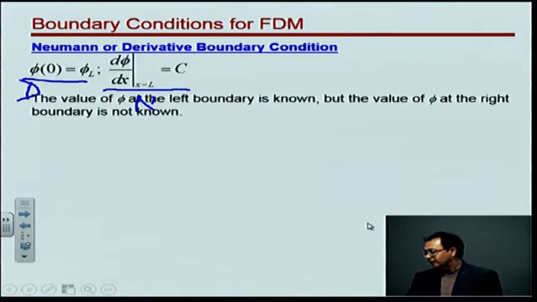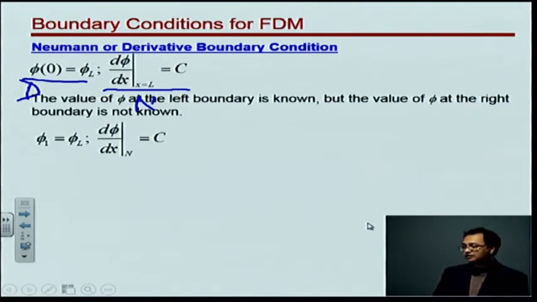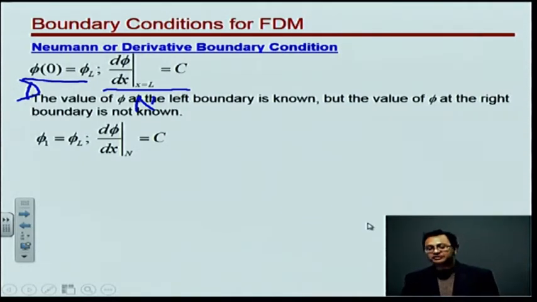All right. So we talked about that. And so in terms of our nodes, we can say, again, phi1 is phi L. That stays put. Nothing changed there. And at the right boundary, we have d phi/dx at n, the nth node, is equal to some constant c.